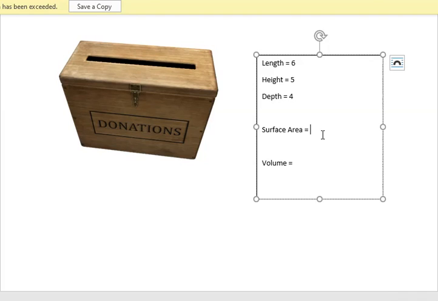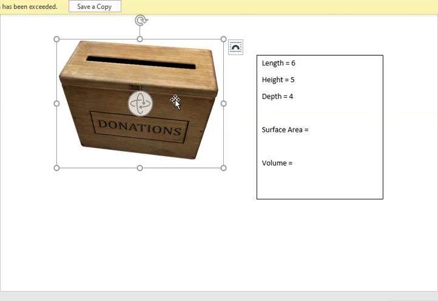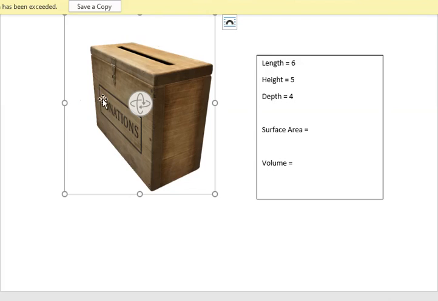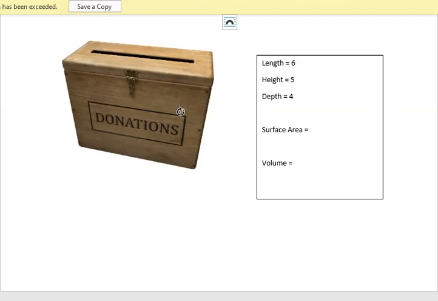Alrighty, so welcome back. We know that for this box, we have a length of 6, a height of 5, and a depth here on this side of 4.